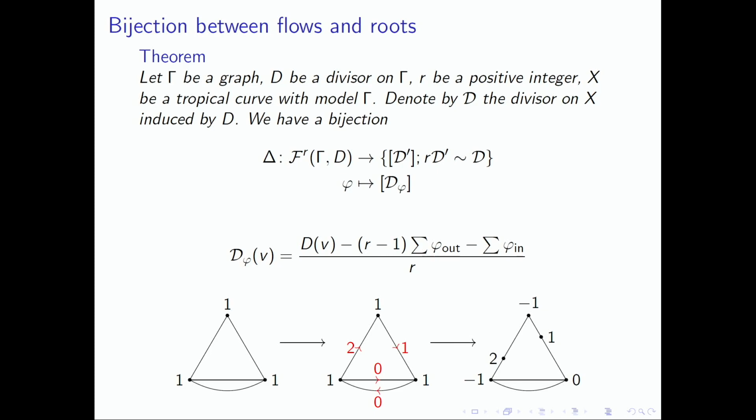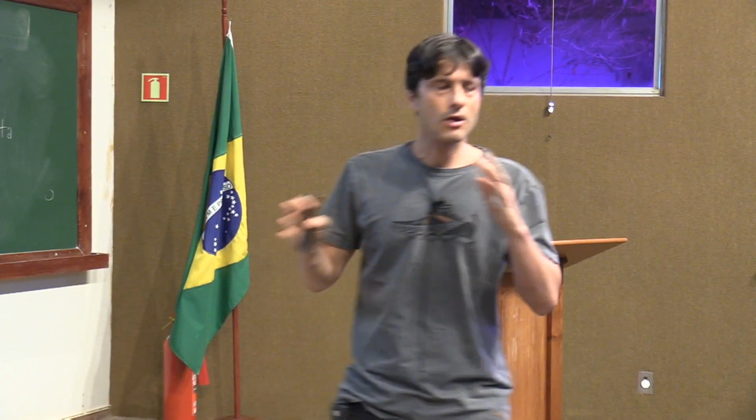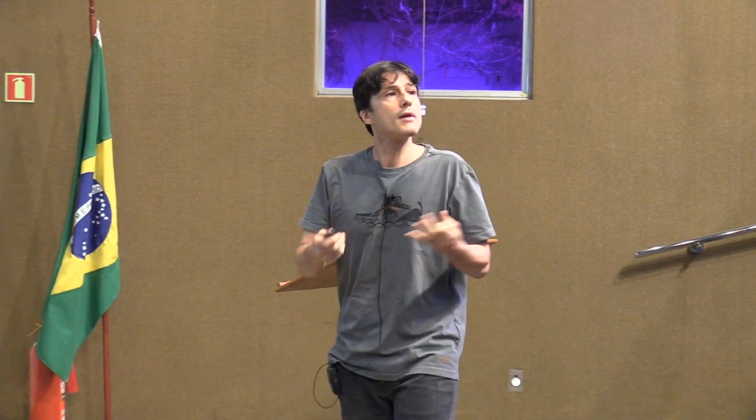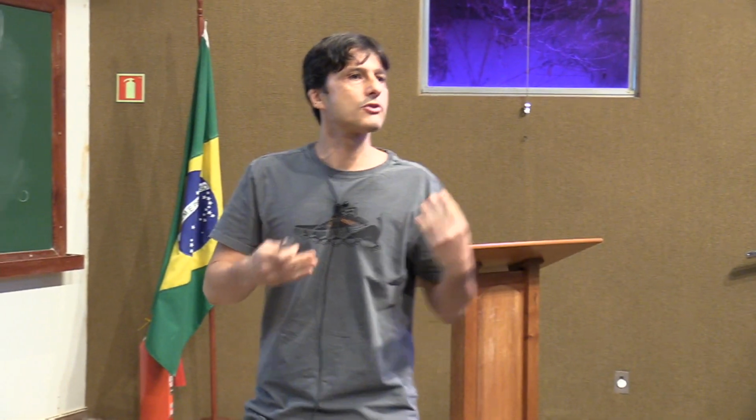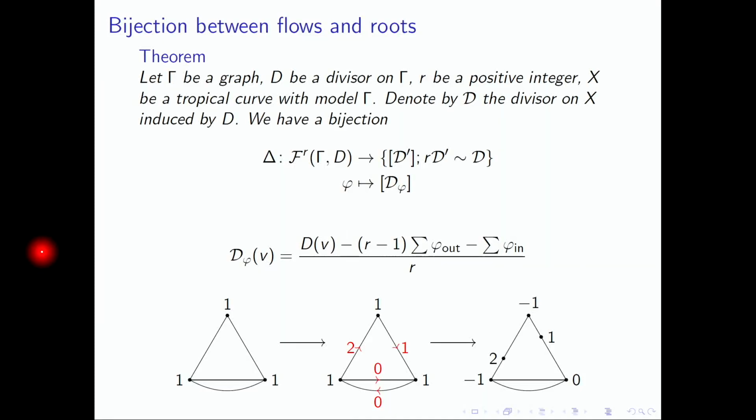Actually, this is quite a subtle theorem because we had to prove the independence of the orientation. So a lot of things are behind this theorem. But this resolved the problem for a fixed tropical curve. So for a fixed tropical curve, this space of flows solves the problem of encoding all the roots of a fixed divisor on a tropical curve.